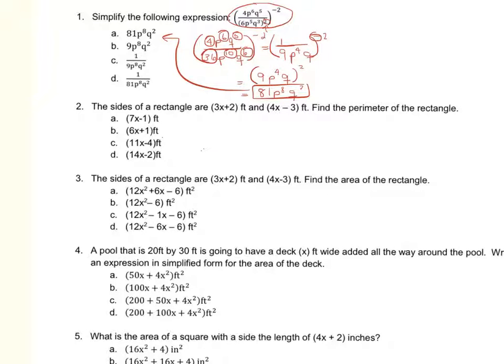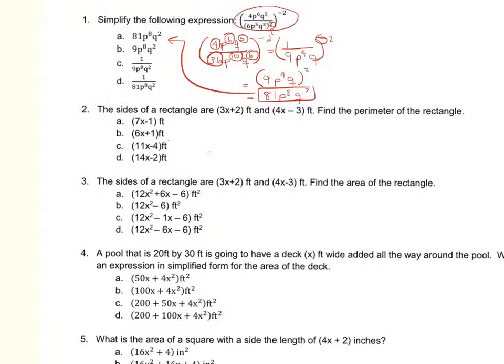Well, recall a perimeter means add up all the sides, and since we're dealing with a rectangle, we just have to add up 2 lengths, 3x plus 2 plus 3x plus 2, and 2 widths, plus 4x minus 3 plus 4x minus 3.